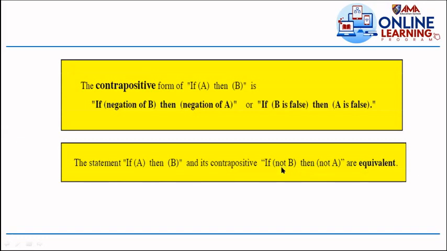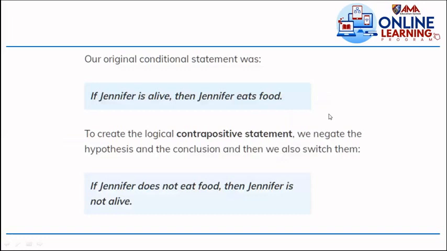Kaya may word na not dito. Not B, not A. So contrapositive, ininegate po natin sila. Pagkatapos nun, isi-switch natin sila. Switching. Mauna yung B, susunod yung A. Okay? So this is our example. Our original conditional statement was, if Jennifer is alive, then Jennifer eats food.